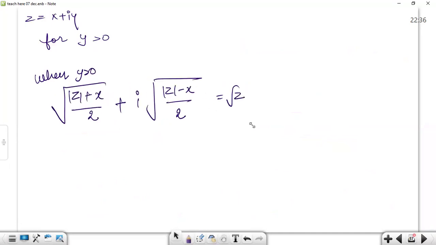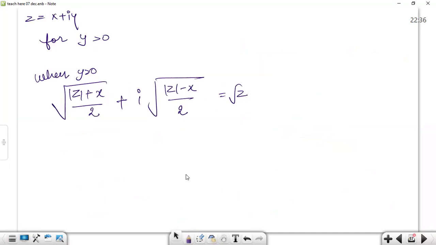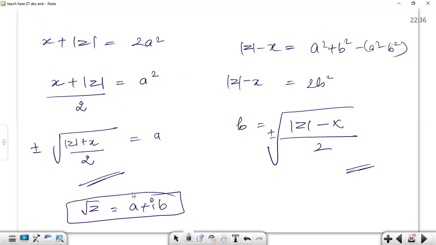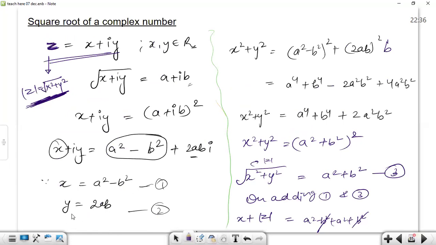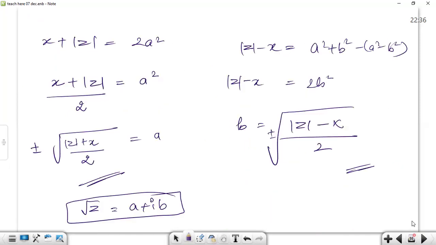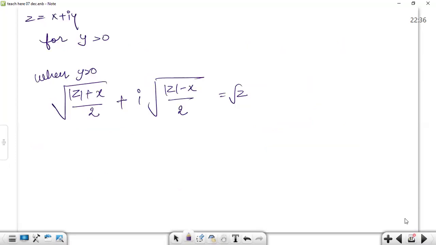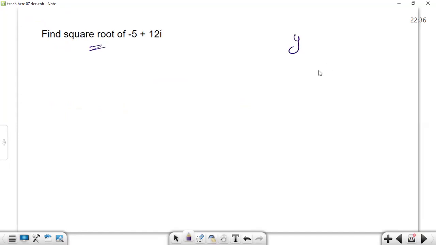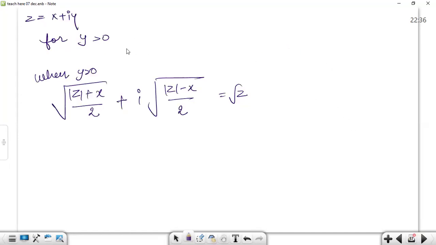Don't you have any question that why have I taken only the positive sign of both of these square roots? Let me explain why. If we go back and look, what was our assumption here? It was that y is equal to 2ab.